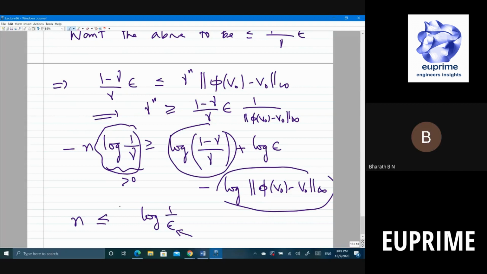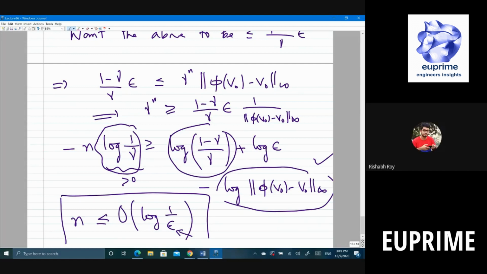So it will be of the order of log of 1 by epsilon. That means if you repeat value iteration n times, where n is order of log of 1 by epsilon, the solution you get will be epsilon close to the optimum. The exact statement is that you should find an n that satisfies this inequality. Is that fine, everyone?